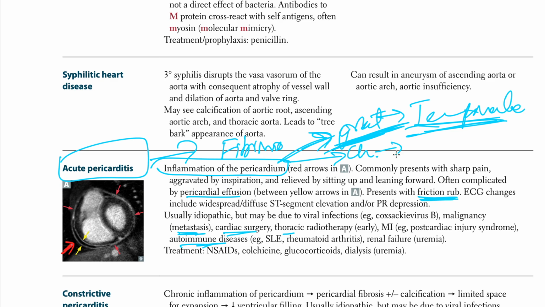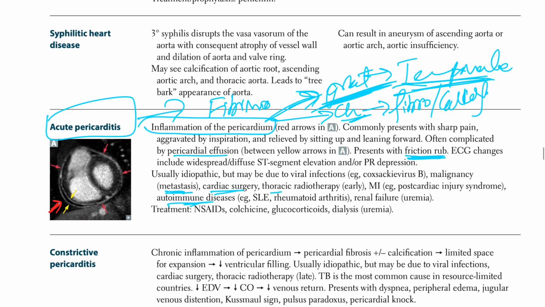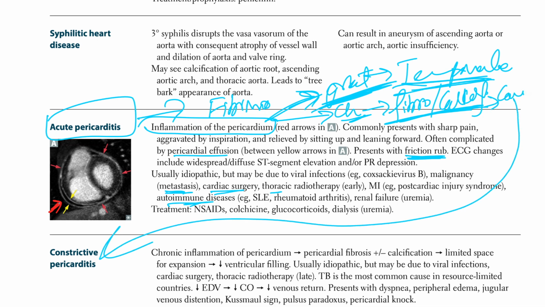The patient with the chronic cause would develop fibrosis, right? With anything chronic, there's going to be calcification, fibrosis. And why am I mentioning this here? Because with the chronic cause, fibrosis and calcification are going to cause constrictive pericarditis, which is right here.